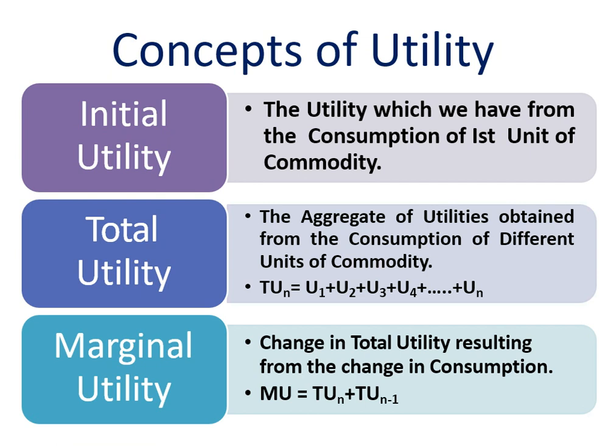Or you can say it is the change in total utility resulting from the change in consumption. The formula for marginal utility equals total utility from n units consumed minus total utility from n minus 1 units, which is current minus previous.